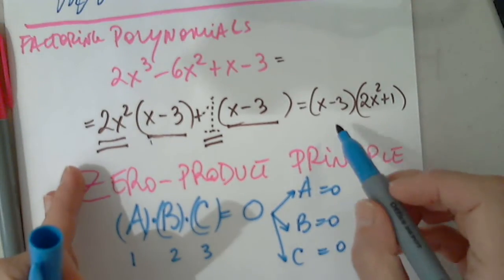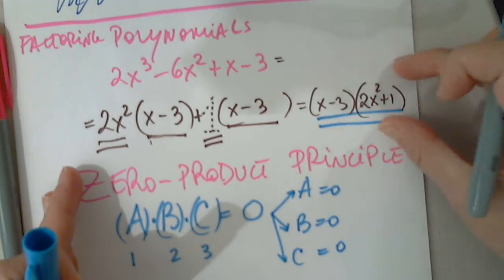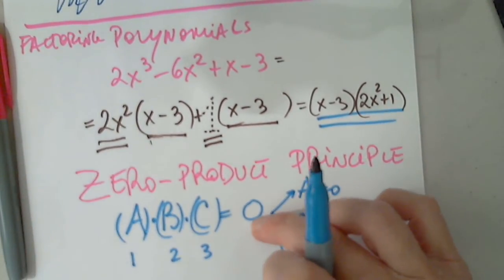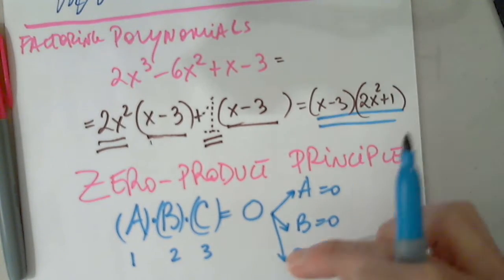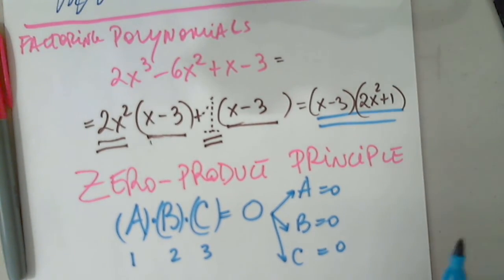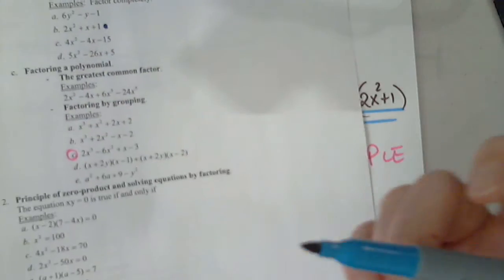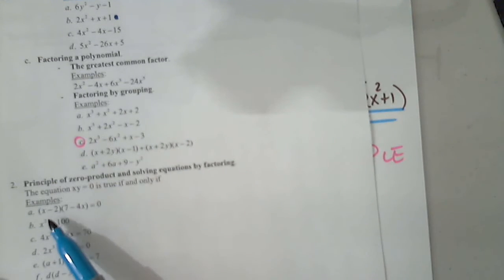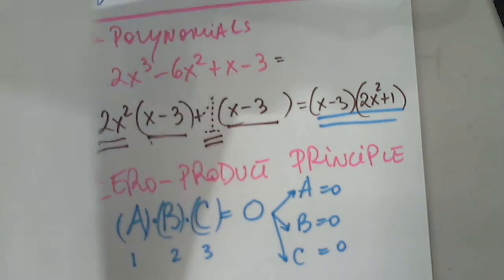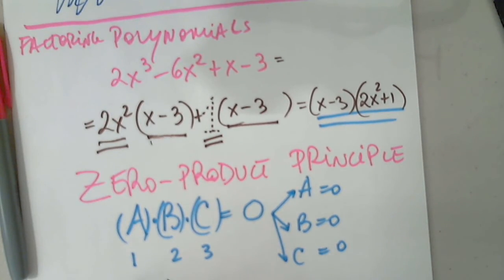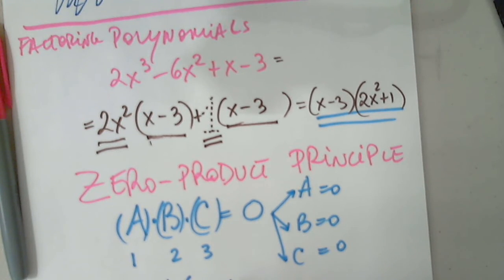After we factor completely, if this is equal to 0, then I have x minus 3 equals 0, or 2x plus 1 equals 0. So let's start with this very first one. Very simple example. X minus 2 and 7 minus 4x equals 0.